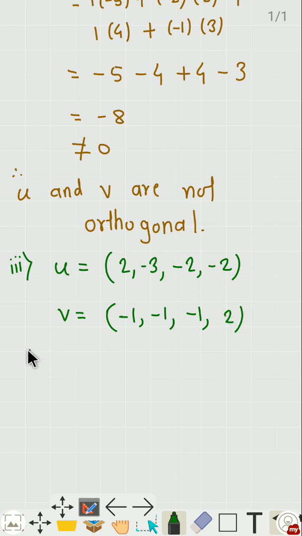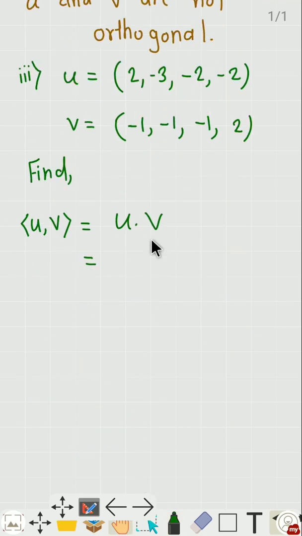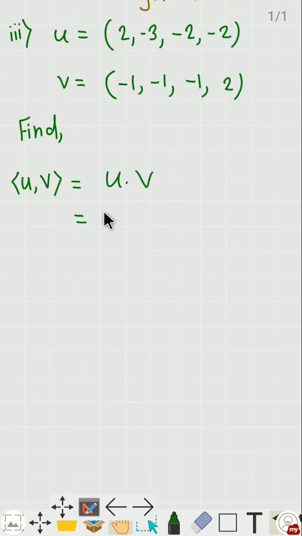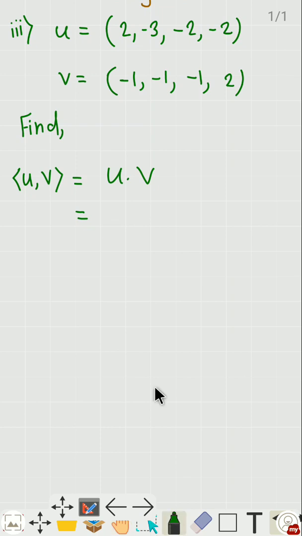Again we find the dot product of these two vectors, meaning the inner product of u with v, which is the dot product of u and v. Vector u is (2, -3, -2, -2), dot product with the vector v, (-1, -1, -1, 2).